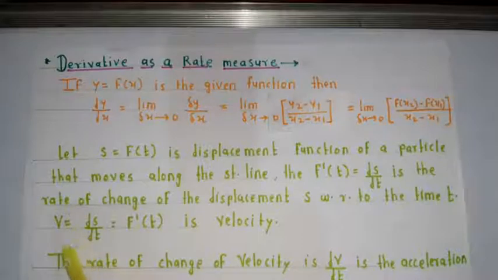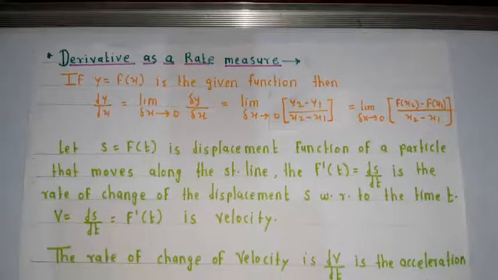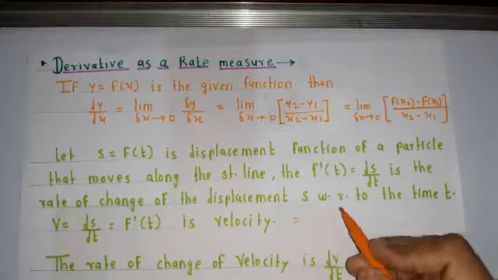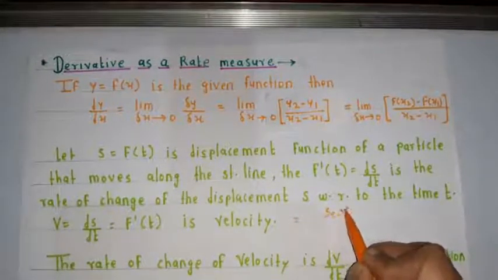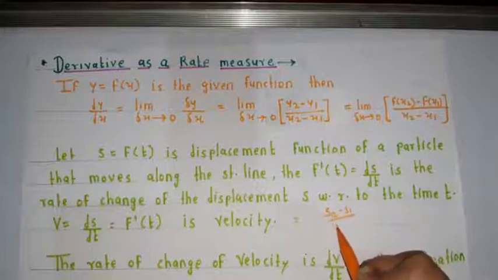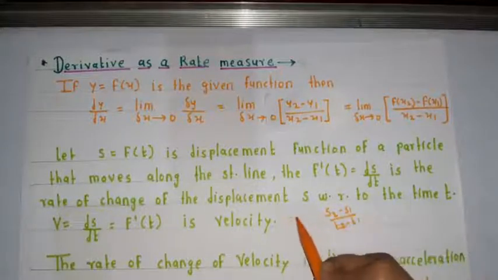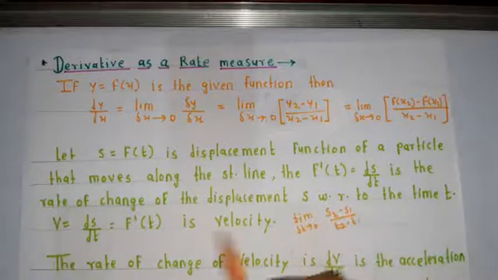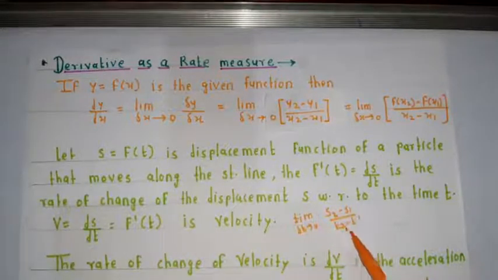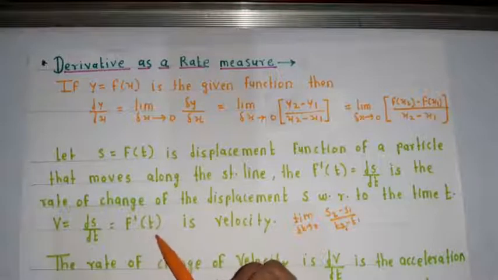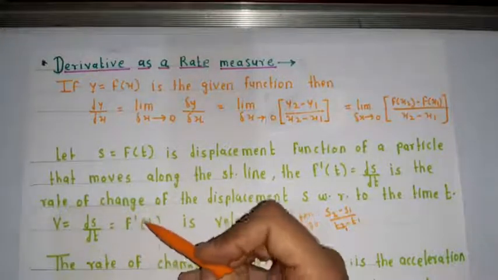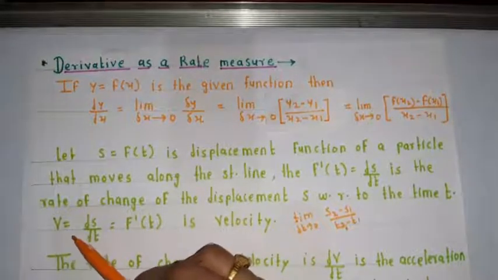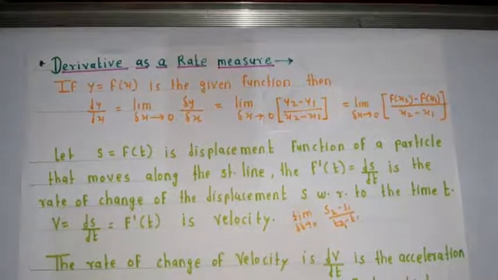As delta t tends to 0, we can write this as s2 minus s1 upon t2 minus t1, where limit delta t tends to 0, and this is nothing but ds by dt, which is equal to f dash of t. This is the velocity, therefore v equal to ds by dt.